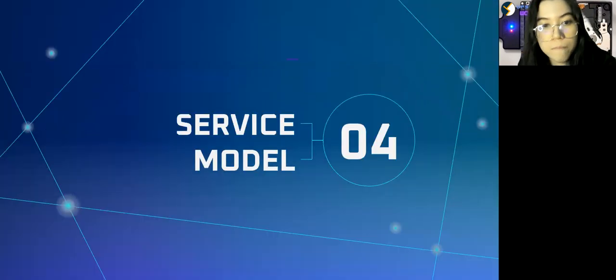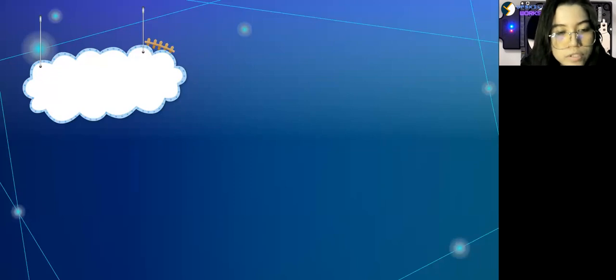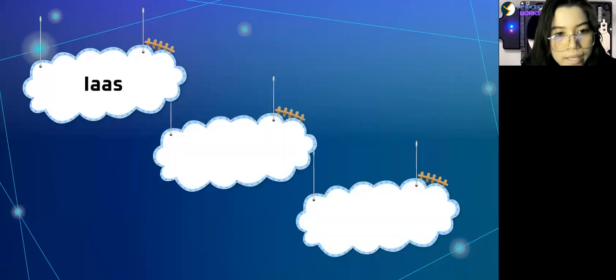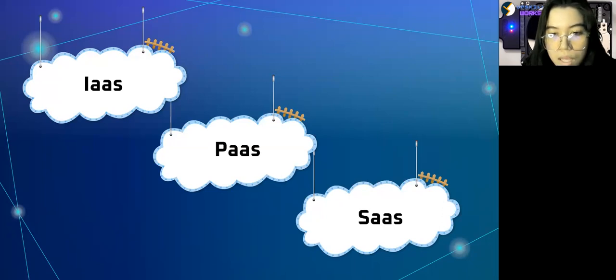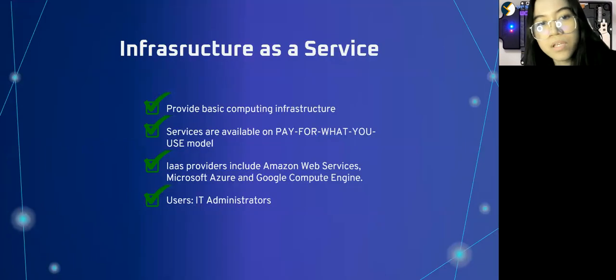What else? Let us now talk about the service models. On service models, we have IaaS, PaaS, and SaaS. So what are these things? The IaaS, the PaaS, and the SaaS. IaaS is basically infrastructure as a service.